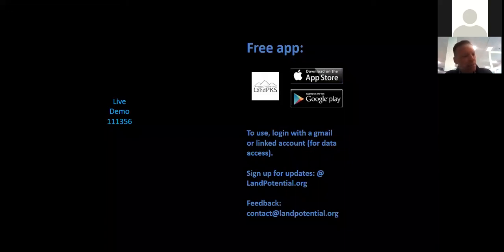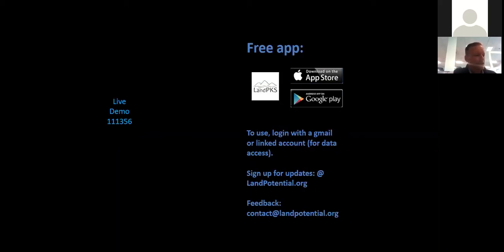I'm going to switch now, but maybe stop for a second and see if there are any questions on the overall philosophy. Then I'm going to switch to a live demo.